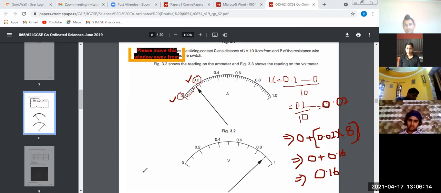Okay, this is a 1 mark question. So you have to solve it in the extra space given to you and write the answer.